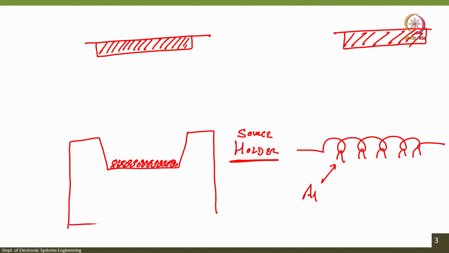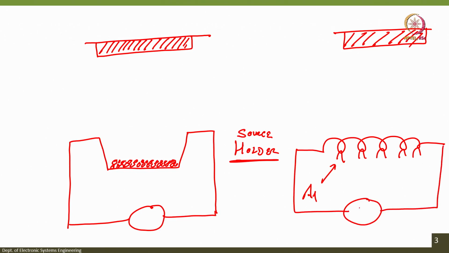So, we apply a very high voltage to this particular boat or to this coil. Okay. What will happen? Depending on the resistance of the coil, the current will flow through.